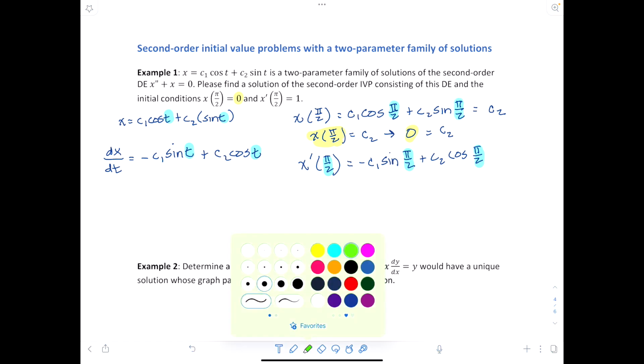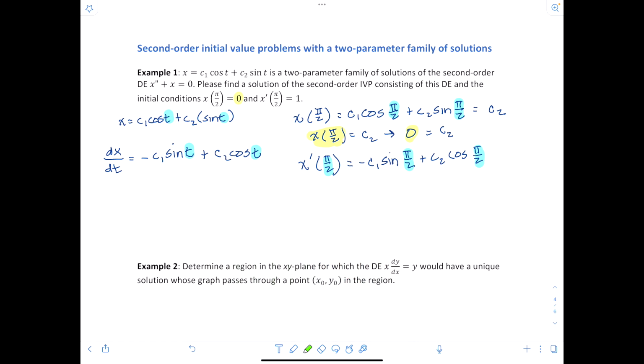Now we also know what c2 is, right? c2 was this 0 here. So now x prime at pi over 2, just simplifying here, is going to be negative c1 times sine at pi over 2, which is 1, plus, well, c2 is 0, and cosine at pi over 2 is 0.